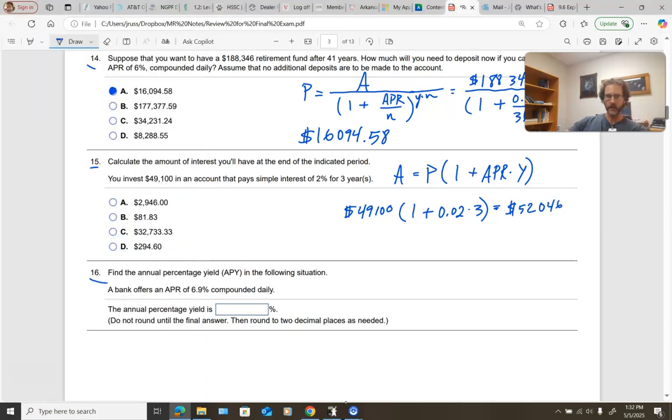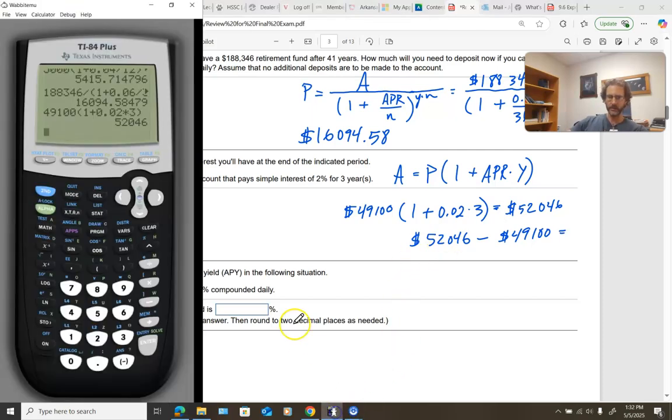$52,046. Okay. Now it's not asking for the total; it's asking what's the amount of interest that we will have paid at the end of this period. So what you would have to do now is subtract from that final amount whatever the initial amount was, and this will give you the amount of interest.